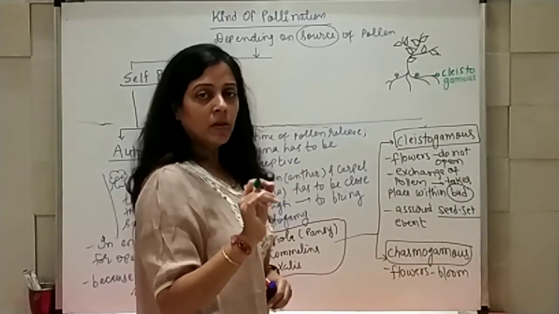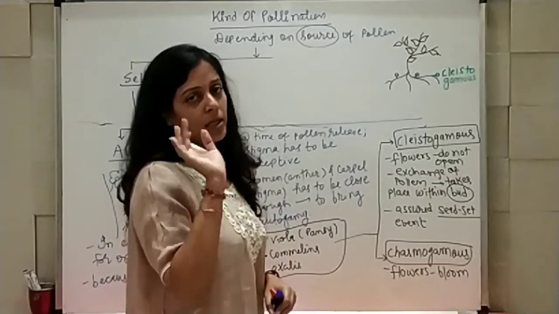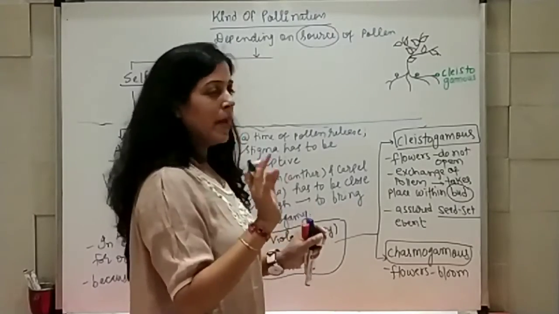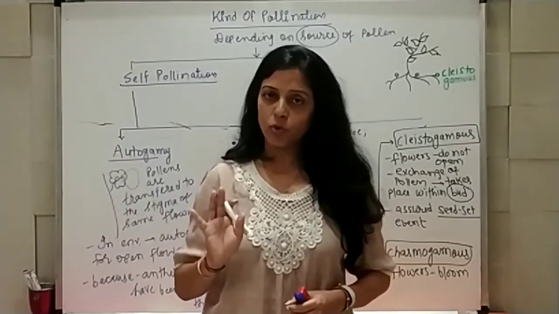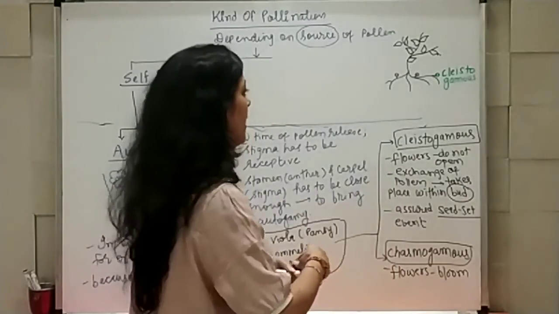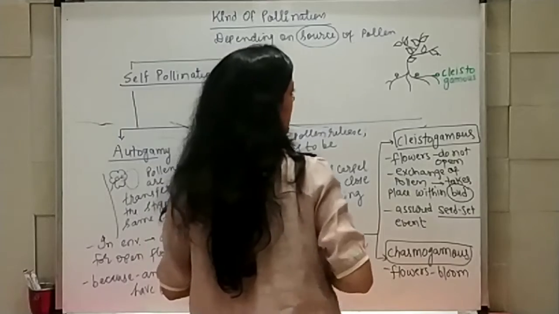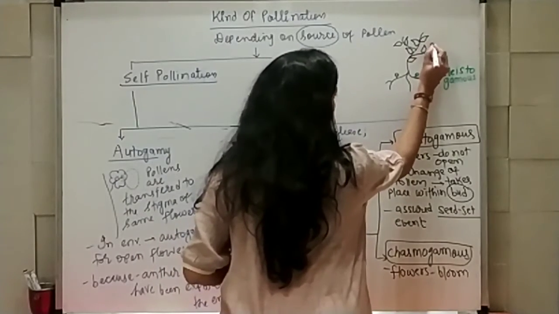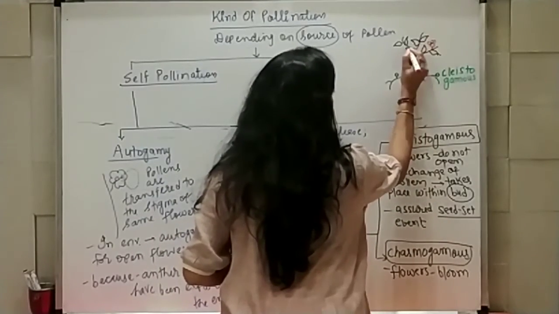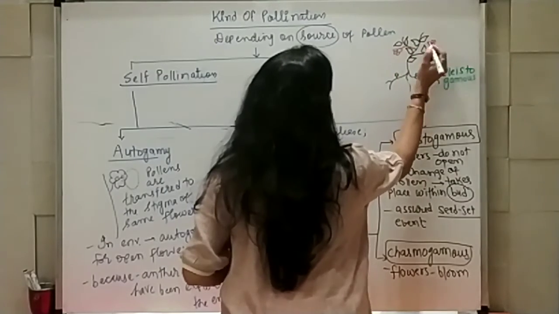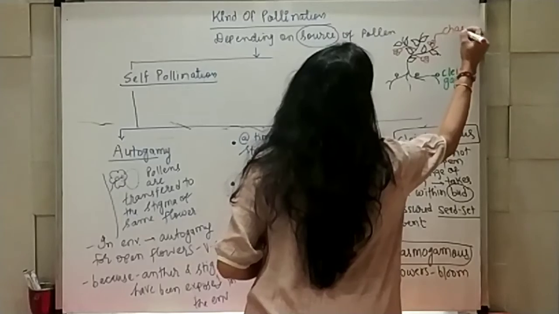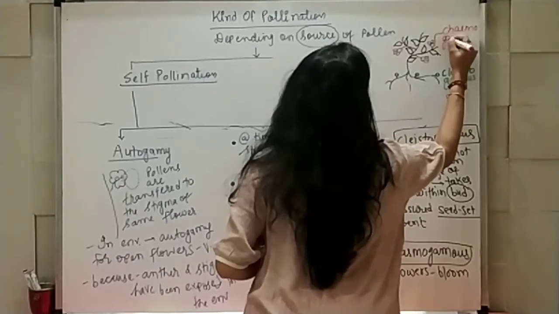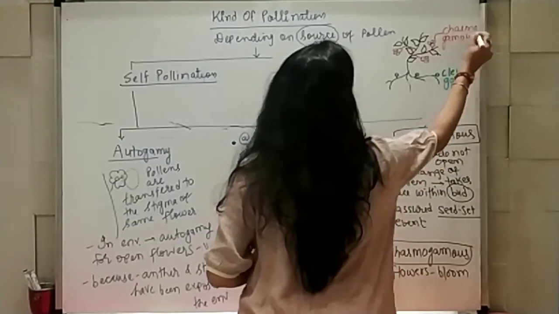And here the anther dehisces within bud condition. So cleistogamous flowers are normally, you can say, autogamous flowers only. But when chasmogamous flowers are there, they are present aerially and they bloom also. So these flowers are chasmogamous flowers.